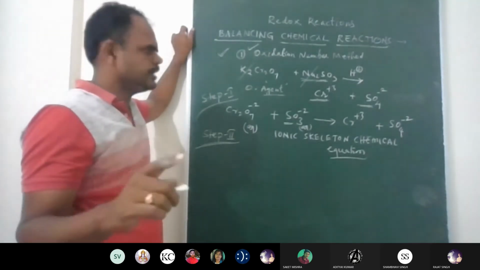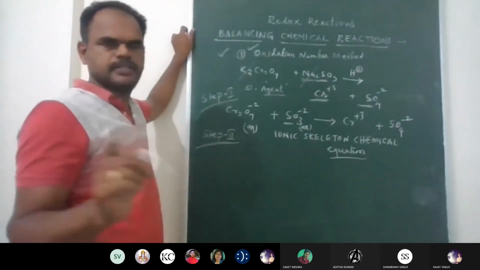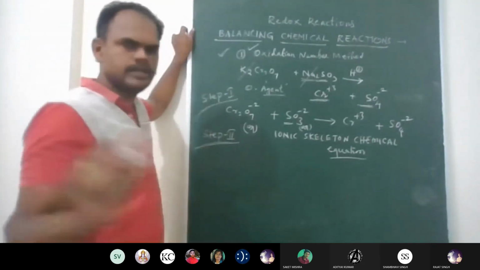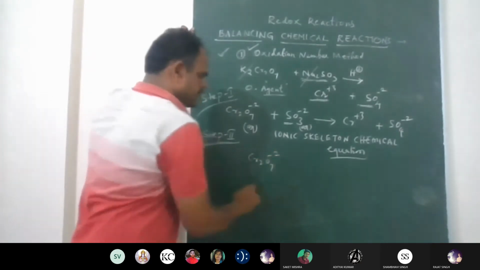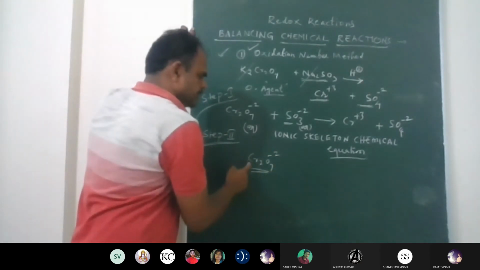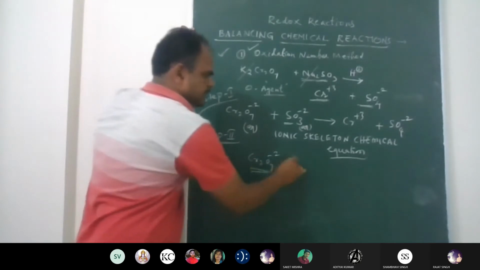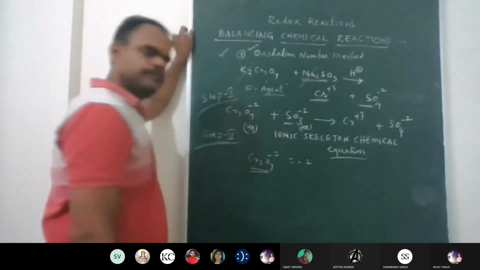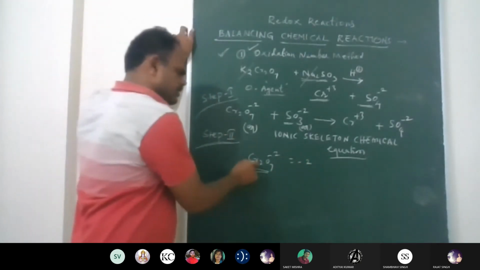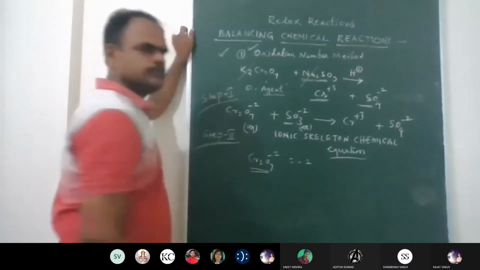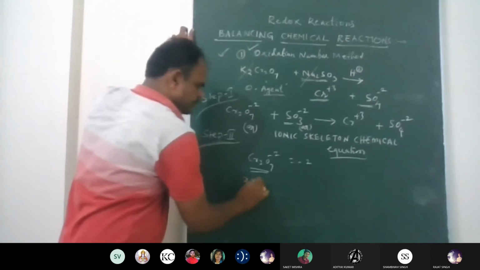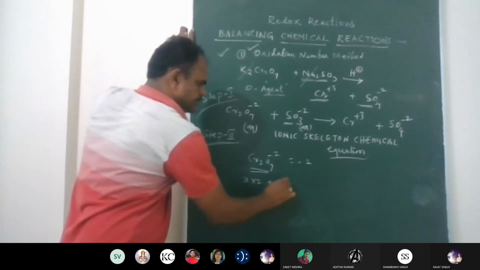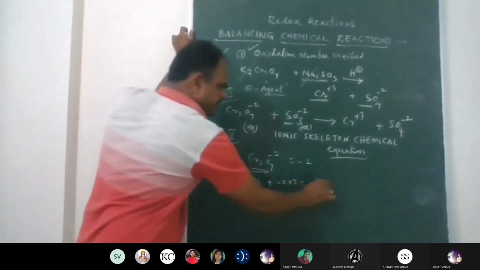See, everybody must know how to assign the oxidation number in the given ion or given compound. So Cr2O7 minus 2. So now here the sum of the oxidation states of chromium and oxygen is equal to how much? Minus 2, no? So find out what is the oxidation state of the chromium. X into 2 plus minus 2 into 7 is equal to minus 2.